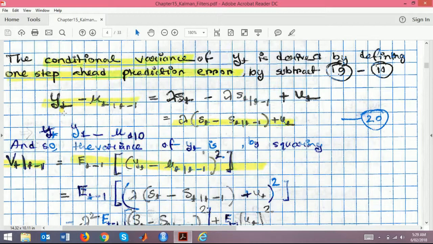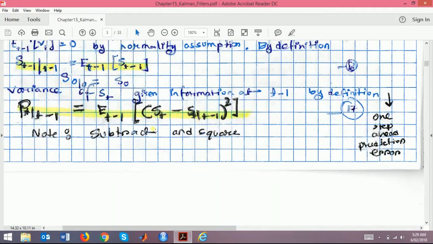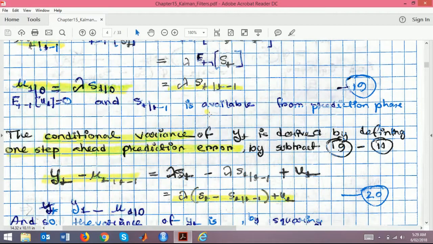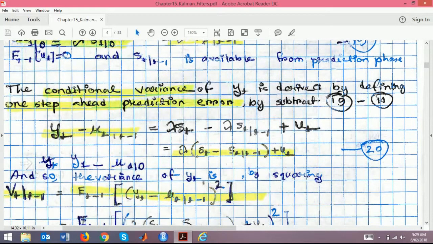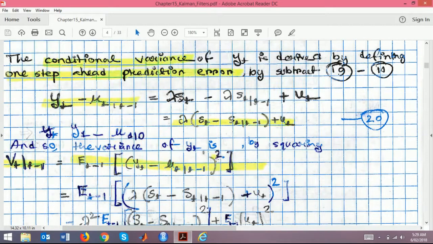Okay, we know that the one step ahead prediction error is S1 minus S1|0, and the variance is S1 minus S1|0 squared. So obviously the prediction error is S1 minus S1|0 multiplied with lambda plus the residual. So the conditional variance is yt minus the mean mu1|0, and what was mu1|0? It is simply S1|0 multiplied by lambda.